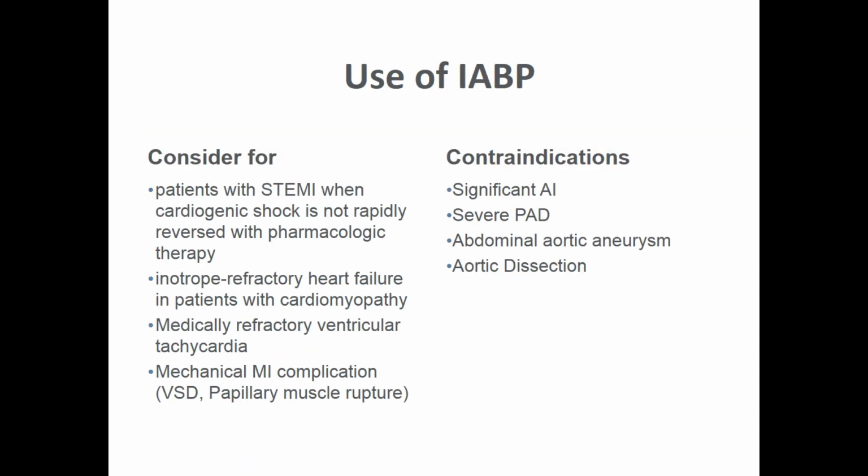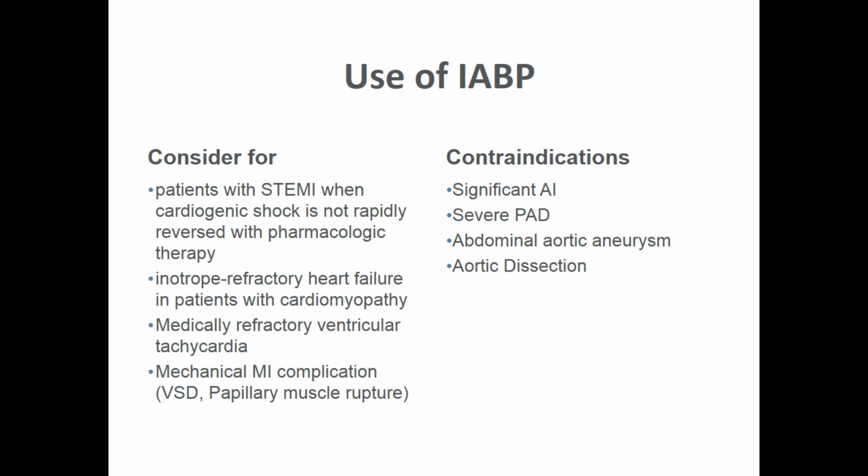So the intra-aortic balloon pump is typically used in patients with ST segment elevation myocardial infarction when cardiogenic shock is not reversed rapidly with pharmacologic therapy, in patients with refractory heart failure due to cardiomyopathy and non-ischemic heart disease who don't improve with inotropic support alone, and in patients with medically refractory ventricular arrhythmias or mechanical MI complications as a bridge to surgery.